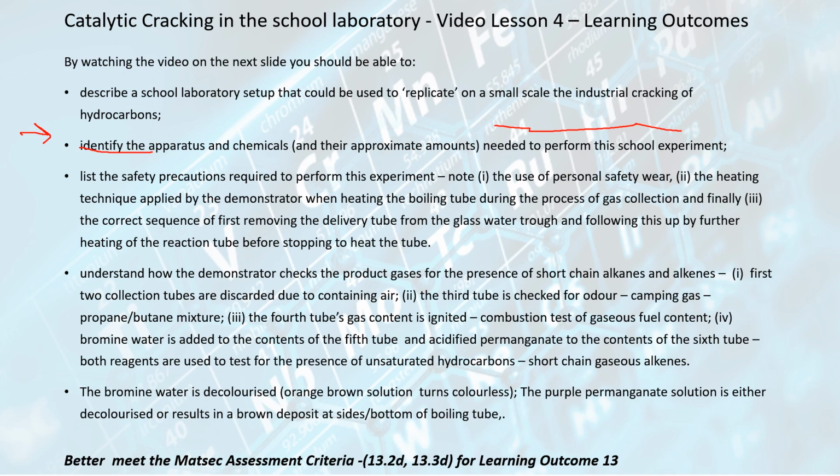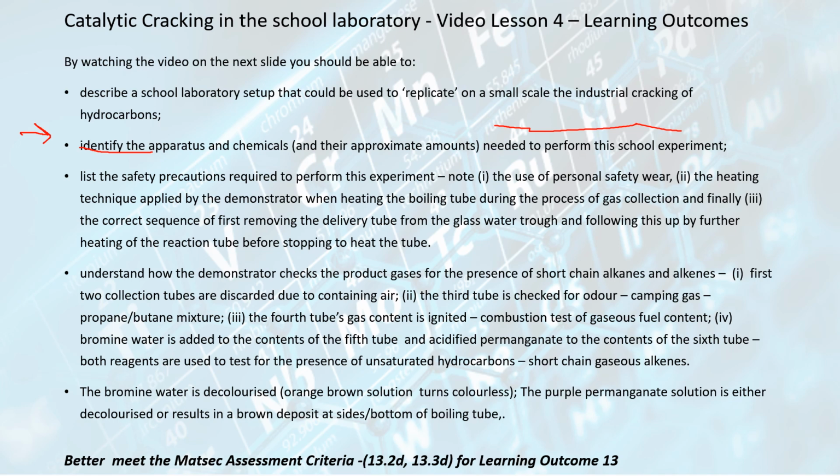So typically, the demonstrator would be using a fuel such as paraffin oil, and she would be soaking mineral wool with it, a very small amount, just 2 centimeters cubed is what she actually mentions in the video. And she also will be using a catalyst.